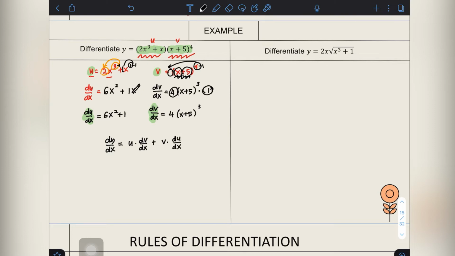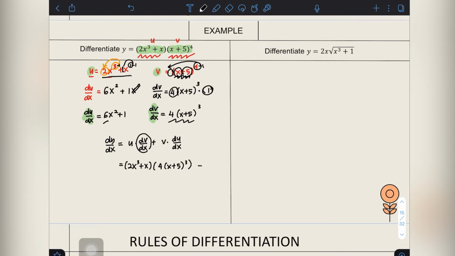Okay, so what is your u? Your u is here, 2x cubed plus x. So write it. What is your dv/dx? You already found your dv/dx, which is this one. So multiply by 4(x plus 5) to the power of 3.